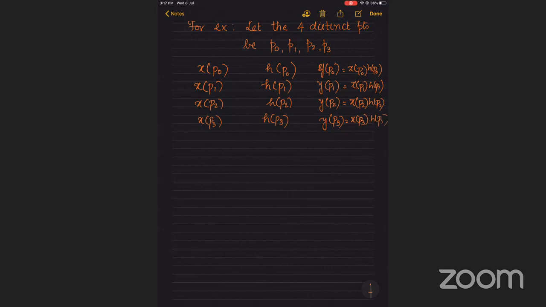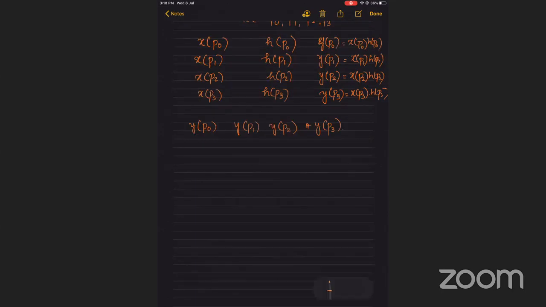Is this okay? I have to do a pointwise multiplication of these polynomials. So I have got those values. What are those values? I have y of p0, y of p1, y of p2, and y of p3. These are the 4 points I have. Is that clear? Now, look at what I'm going to do.